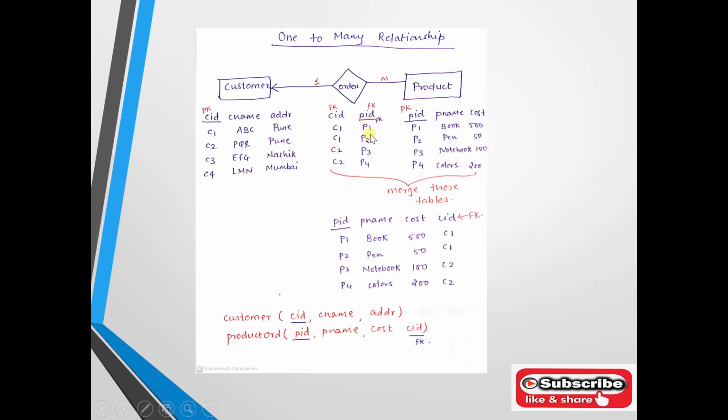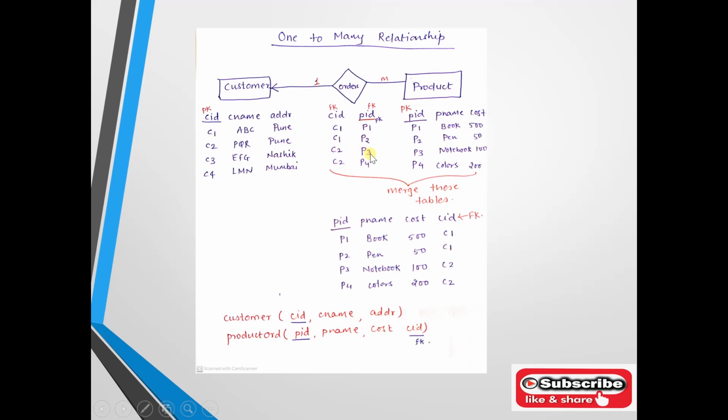Okay, so here I have given you example of C1, my customer ID C1 whose name is ABC, address Pune. Okay, so C1 orders P1, C1 orders P2, because here we are talking about one to many. So one customer, C1 customer is ordering many products, P1 also, P2 also, book and pen.